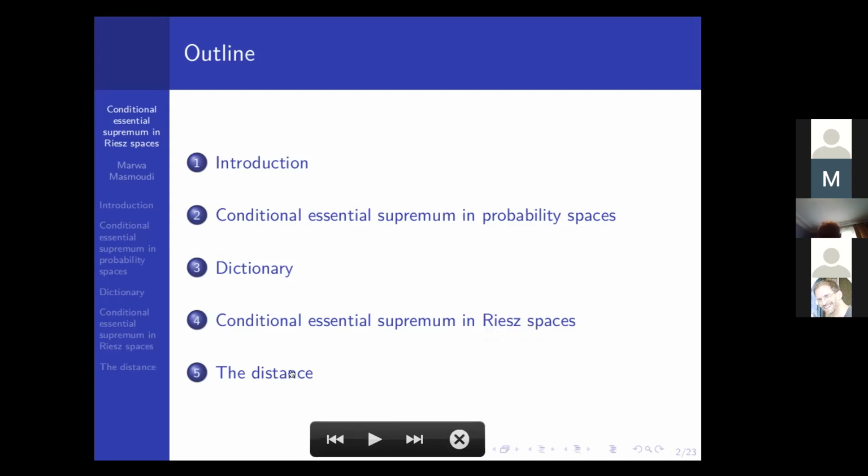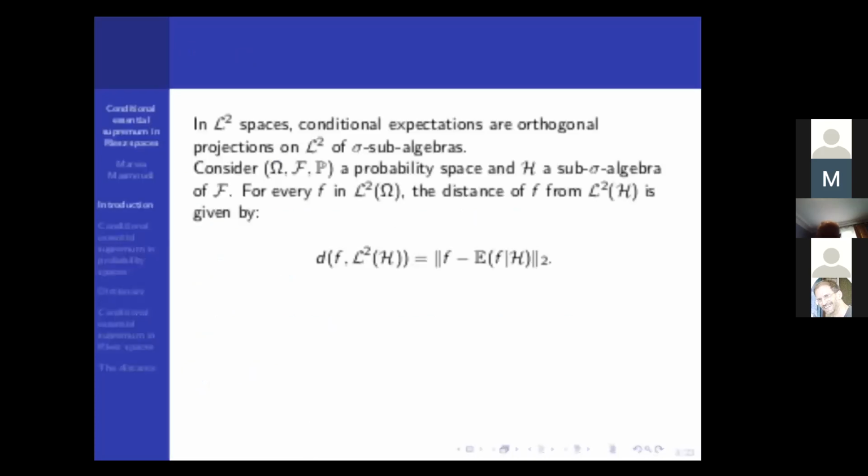To finish, I will introduce the operator delta that will be used to investigate the expression of the distance between an element of L infinity of T and the range of T, given a conditional expectation T. And I will conclude by its version in the setting of probability spaces.